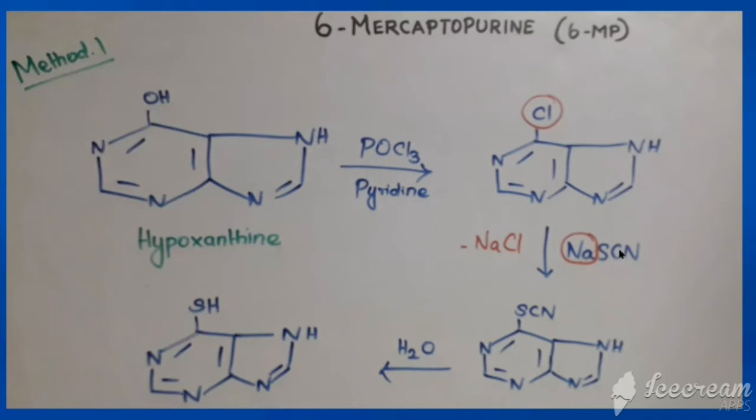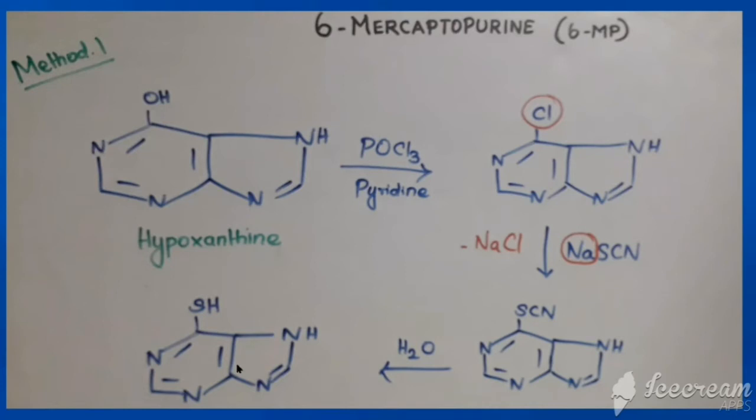On the addition of this, what happens? Na combines with Cl and is removed as NaCl. So this SCN occupies the place of chlorine. Now we go for hydrolysis. On hydrolysis, what happens? The CN would be hydrolyzed and removed, and H is attached to S, and we get 6-mercaptopurine.